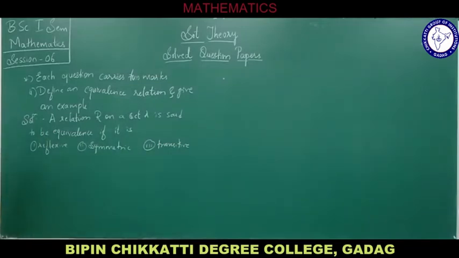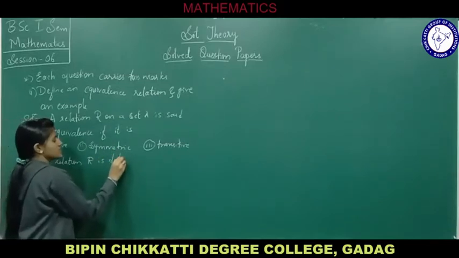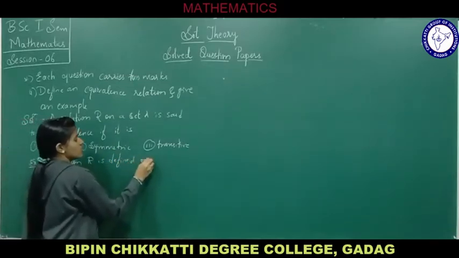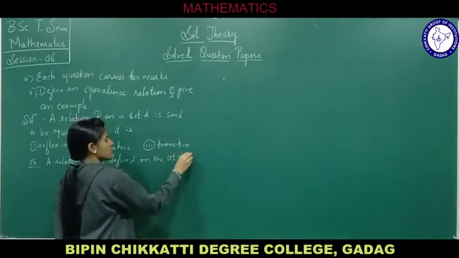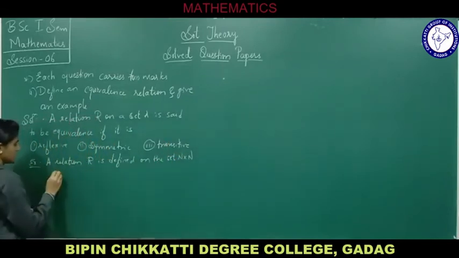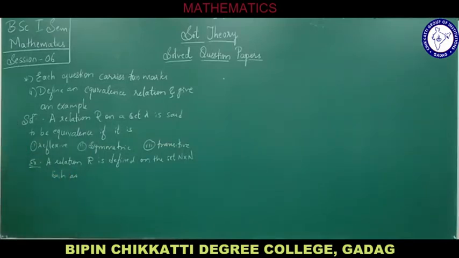For example, a relation R is defined on the set N cross N. How are we going to define it?